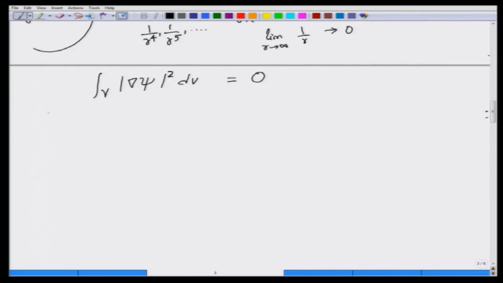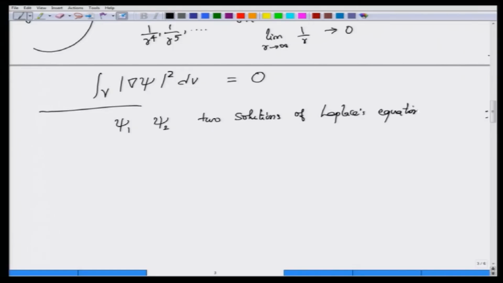Okay. Now, let us get back to the potential function. Let us say that psi 1 and psi 2 represent two solutions of Laplace's equation, which have been found by two different methods. For example, psi 1 was found by you, psi 2 was found by your friend.